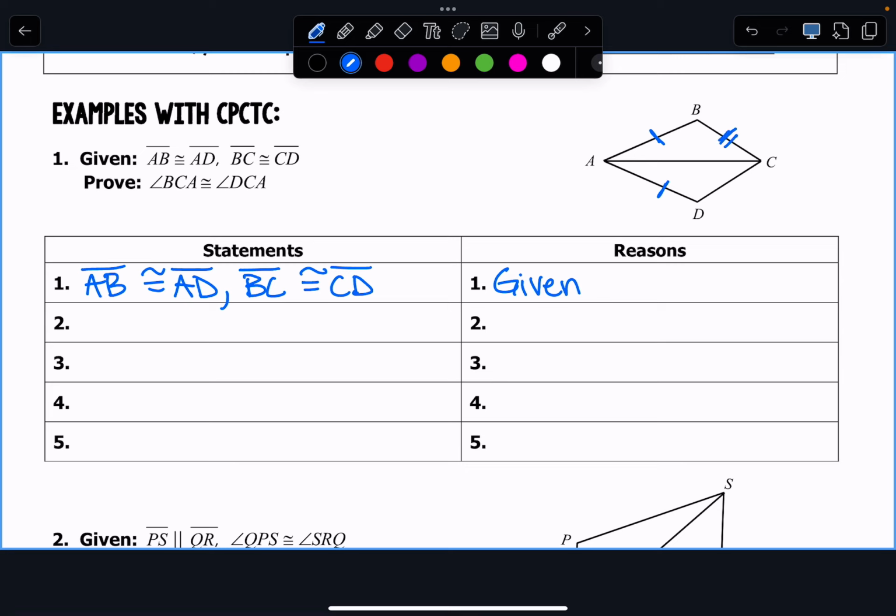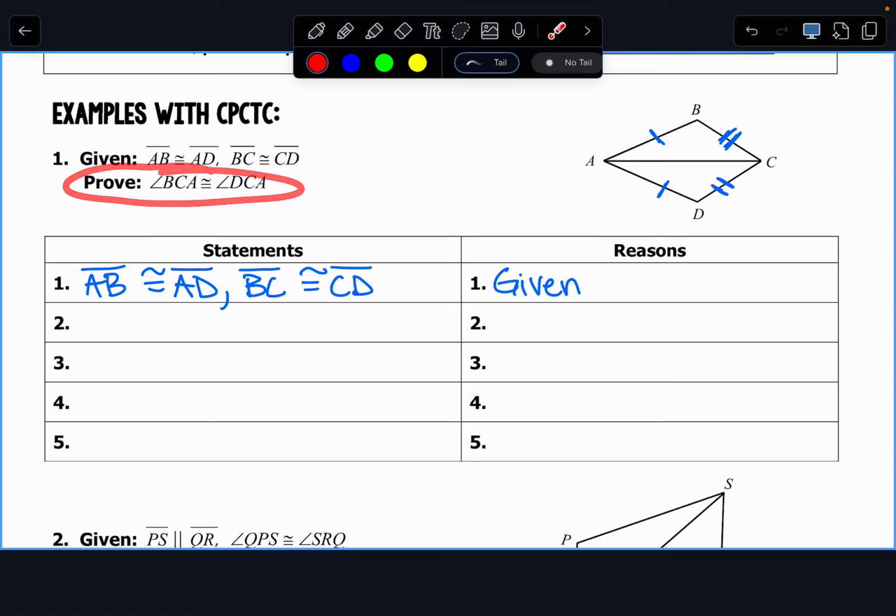We know BC and CD are congruent. Okay? I am asking you to prove that two angles, one from each triangle, are congruent. So before we can prove that these two angles are congruent, what must we prove? We must prove that the triangles are congruent.